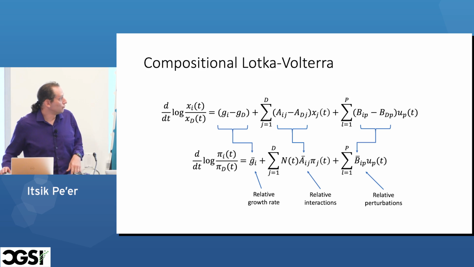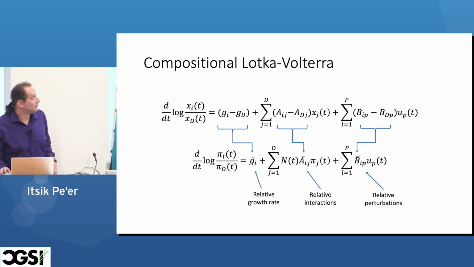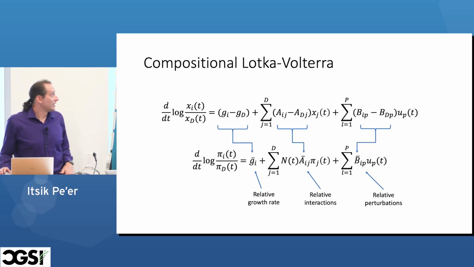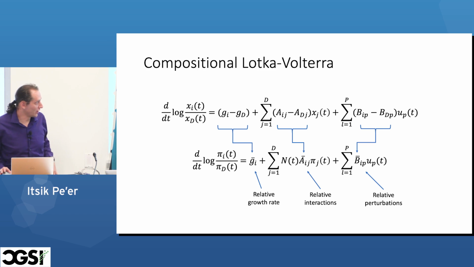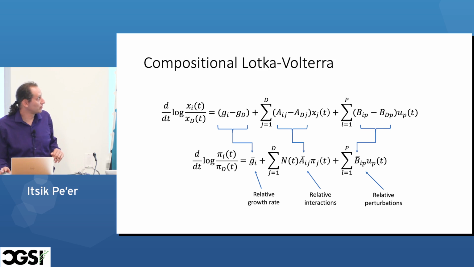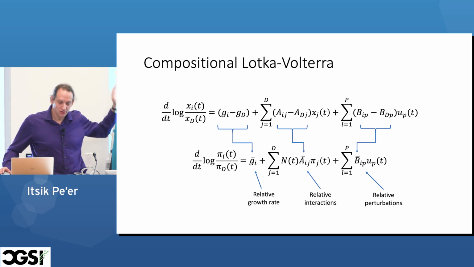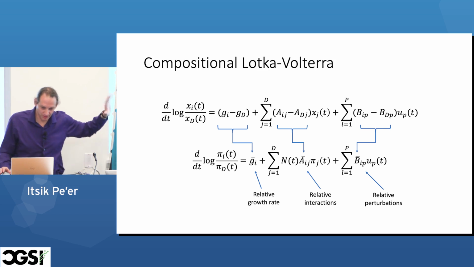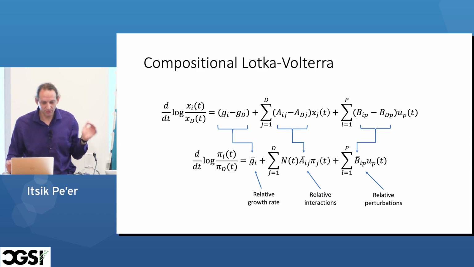So if we replace these absolute abundances by fractions, we have one dimension fewer. Suppose we choose one particular species to normalize against. Well, there are other ways to do that, but that may be simplest to talk about.